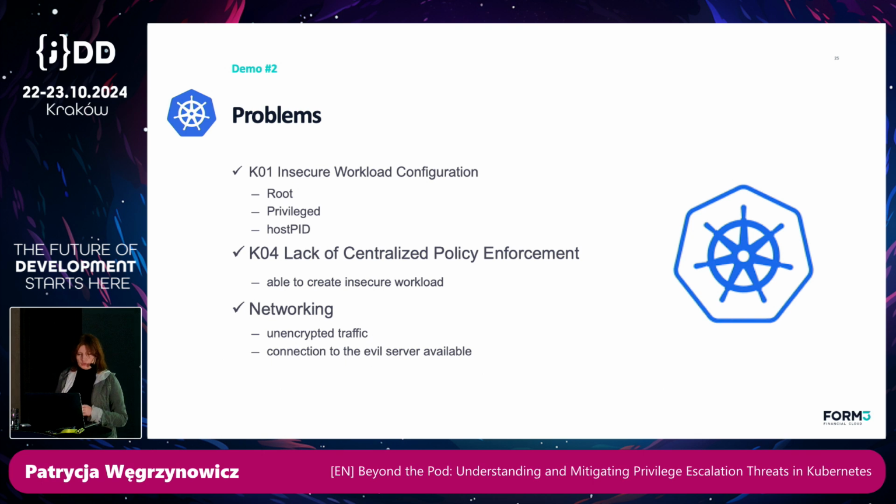When it comes to escaping to the node, we can also give it a try when we have a more secure configuration, but still with a lot of configuration parameters improperly configured.